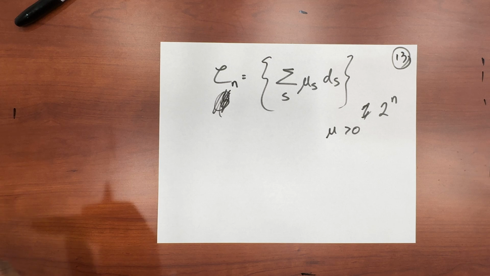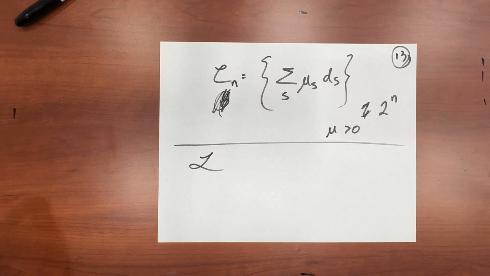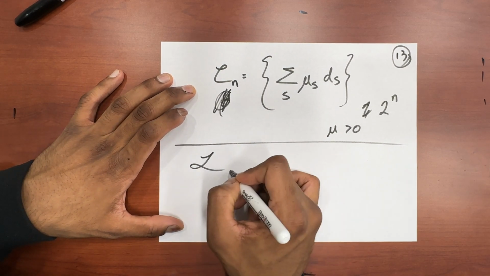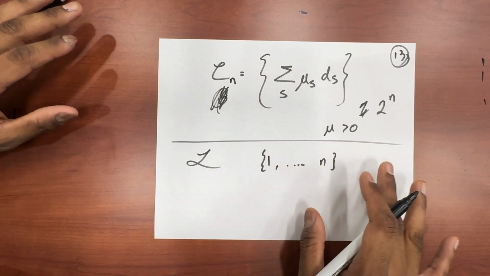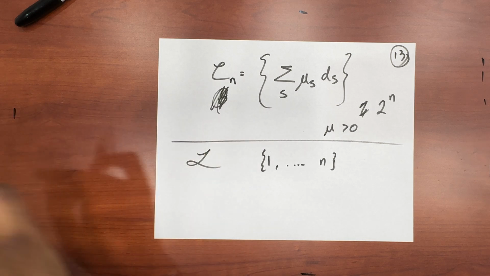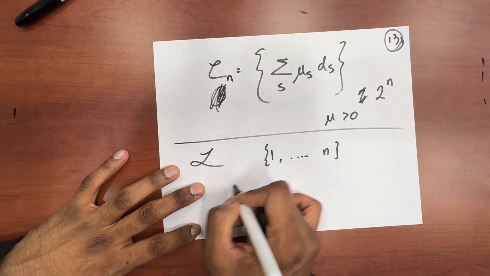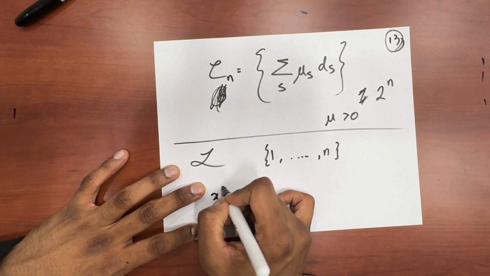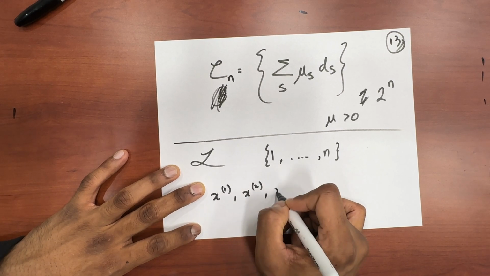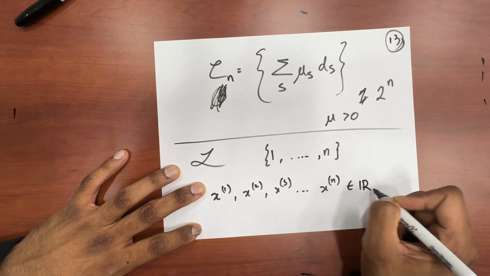Now we can also define a class L, let's say, which has, for points 1 to n, all possible L1 metrics. What this L1 metric means is that it maps points in the graph to vectors x1, x2, x3 up to xn, all of which have dimension, let's say, m.